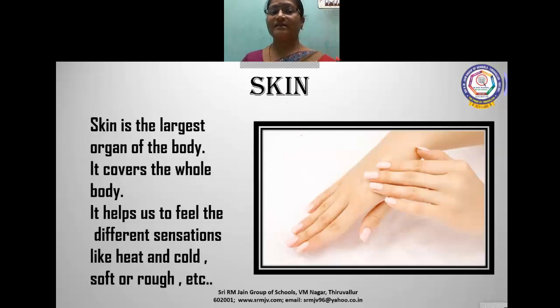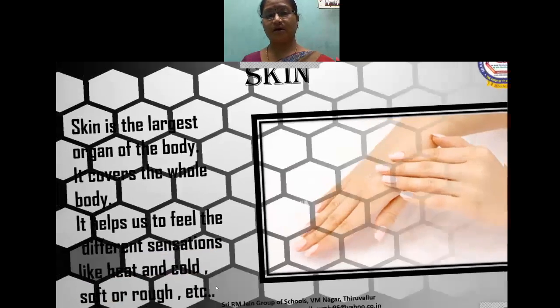Yes, the skin forms the outermost covering of our body. It protects the internal organs. We can feel the sensation of touch, heat, pain or pressure because of our skin. Heat, cold, soft or rough, etc.